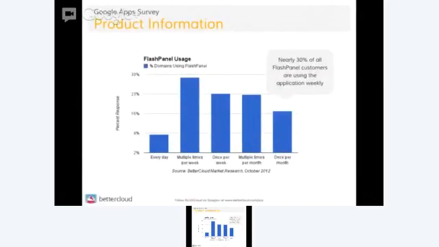So let me stay on this slide for a moment. Part of the survey was asking our customers what they want to see us add. The number one feature request by far was bulk editing of users, bulk editing of user information and user status. We heard that over and over again.